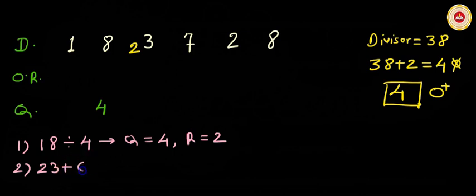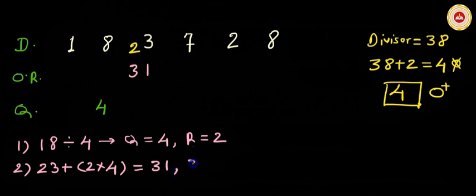What to add? 2 times the last quotient. Last quotient is 4. So 23 plus 2 fours are 8. 23 plus 8 is 31. This 31 is the first osculation number, to be written below 23.